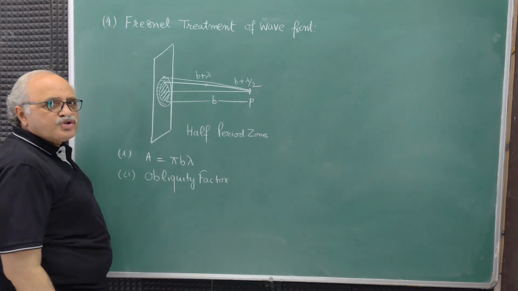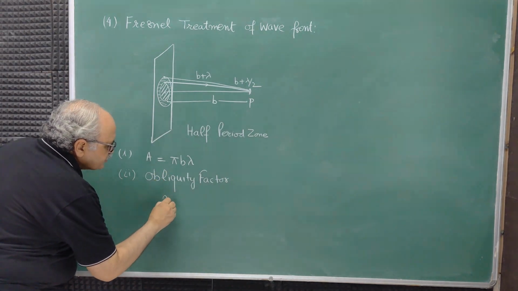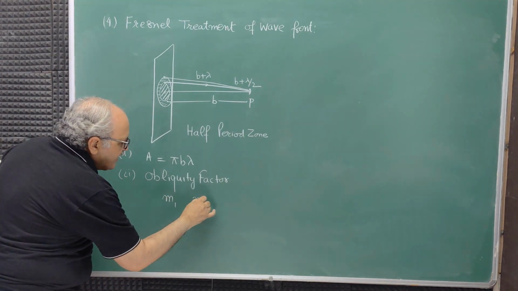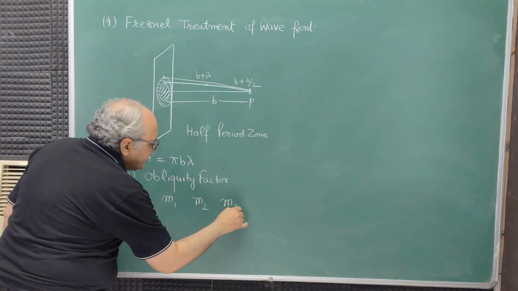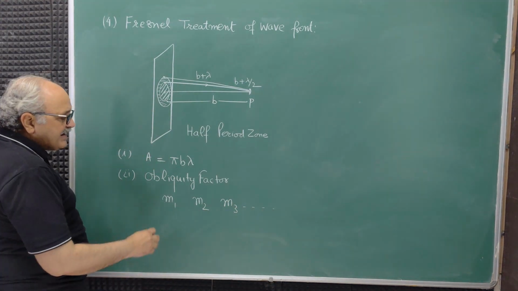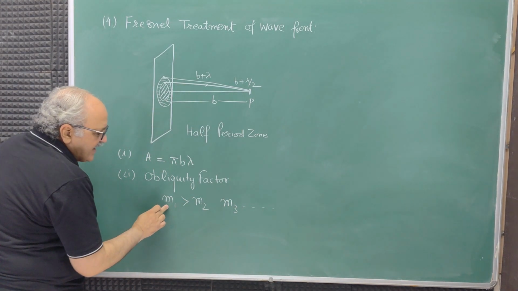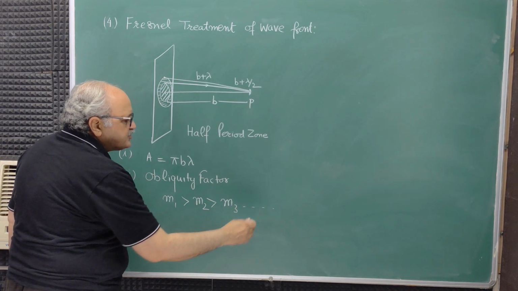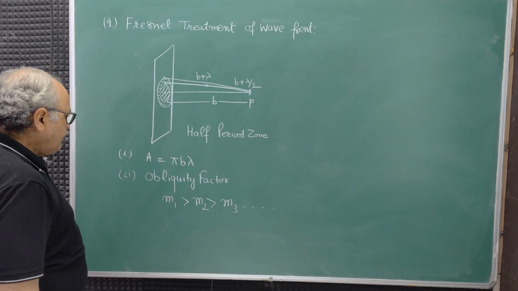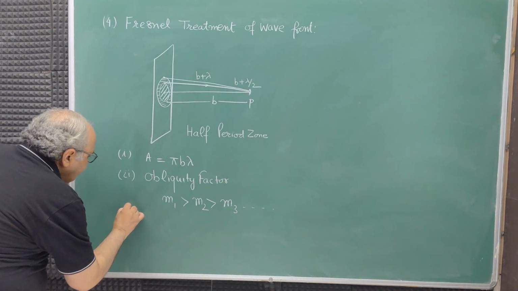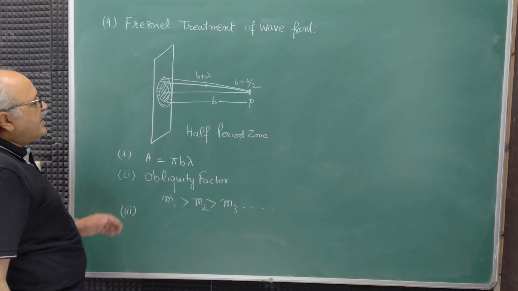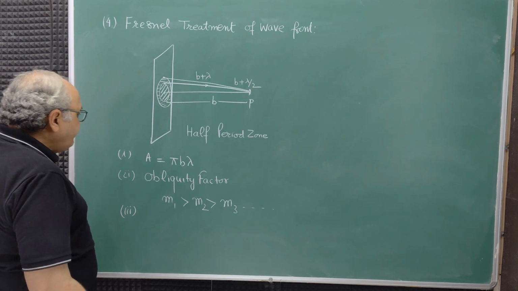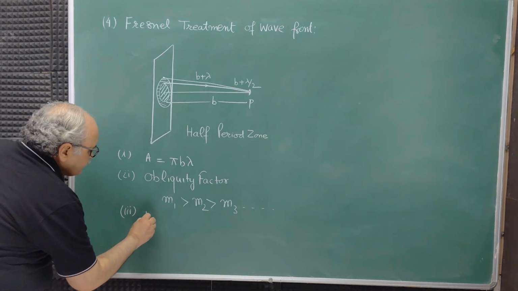The contributions of these half period zones, which can be taken as M1, M2, M3, and so on, are related as M1 is slightly higher than M2, M2 is higher than M3, and so on. The third important point is that when we take the total contribution, we have to care for the phase also.